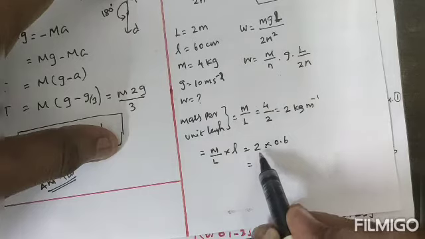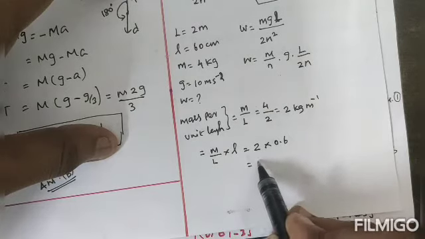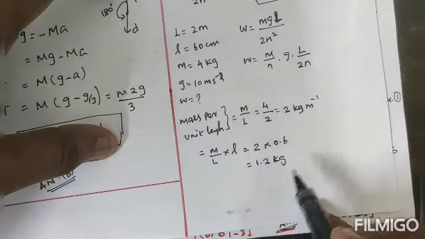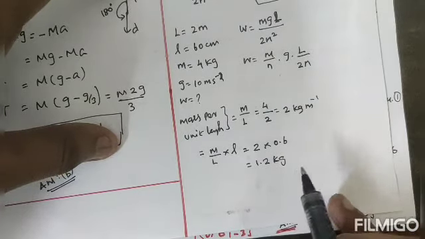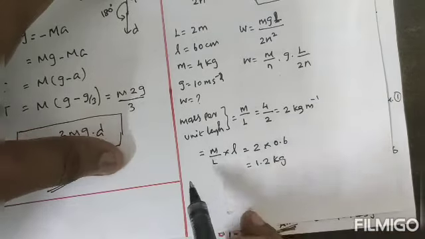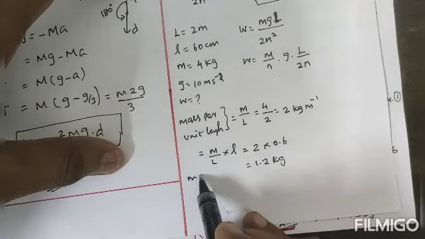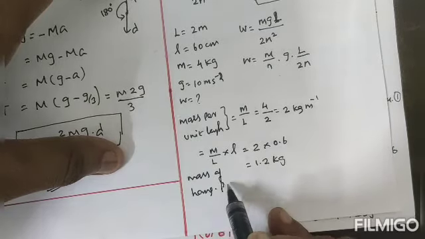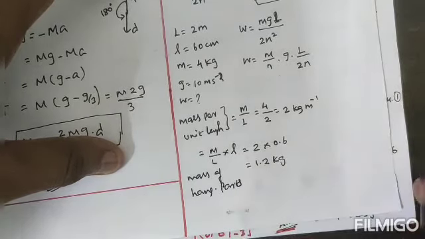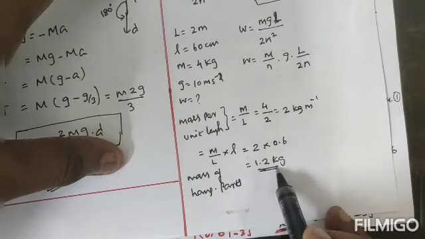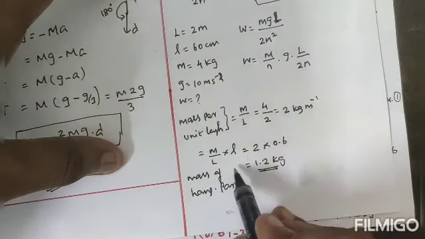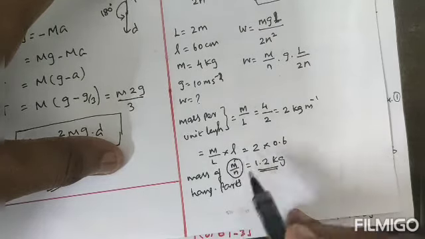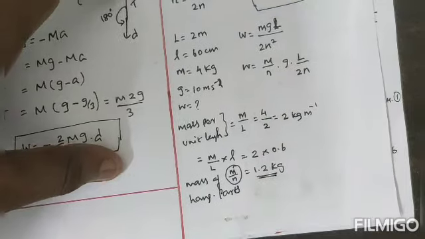So this is equal to 2 into 0.6, that is 1.2 kilogram. So 1.2 kilogram is the mass of the hanging part of the chain, which we know as m by n. So m by n is ready.